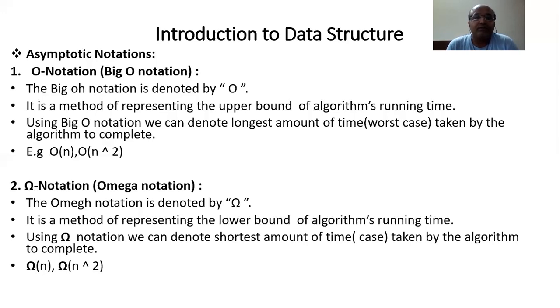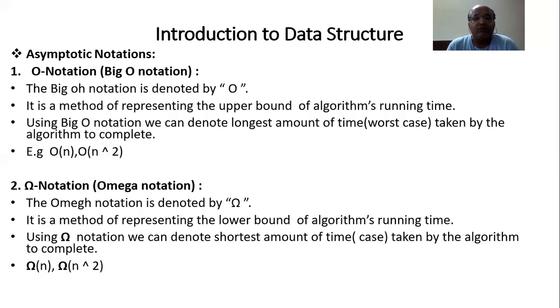Okay. Now the second one, that is Omega notation. This is totally opposite to the Big O notation. The Omega notation is denoted by the symbol omega. It is a method of representing the lower bound of an algorithm's running time. In the case of Big O notation, it represents the upper bound.